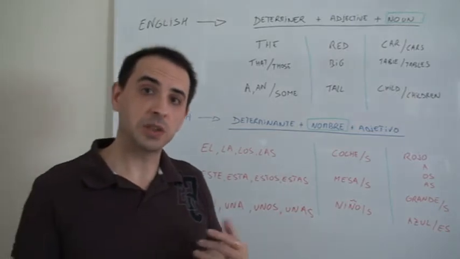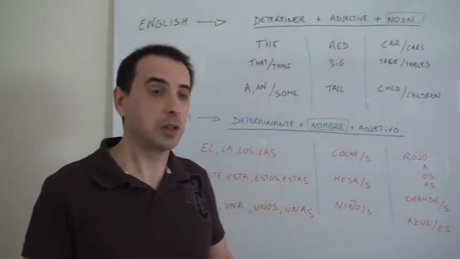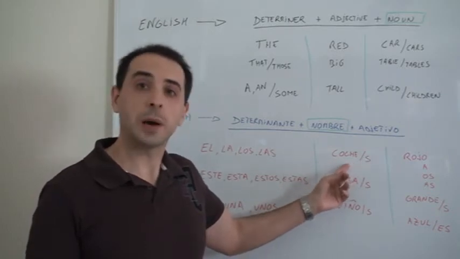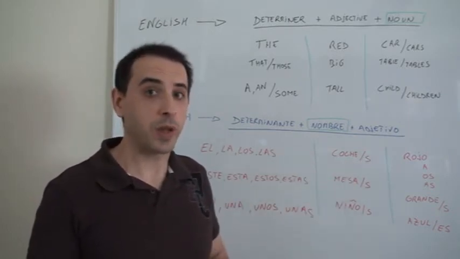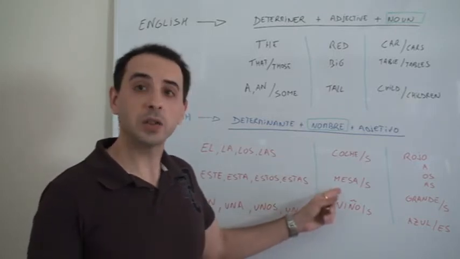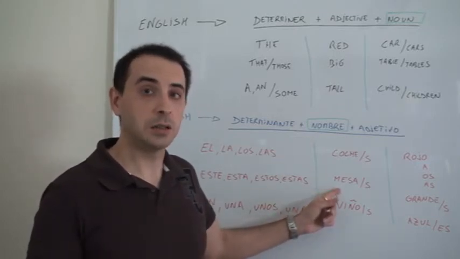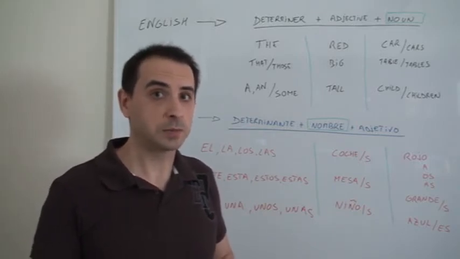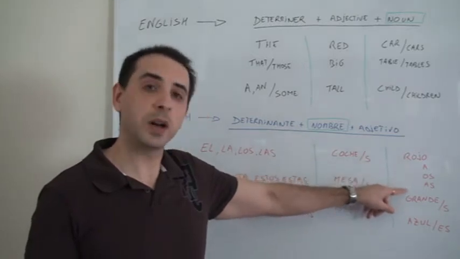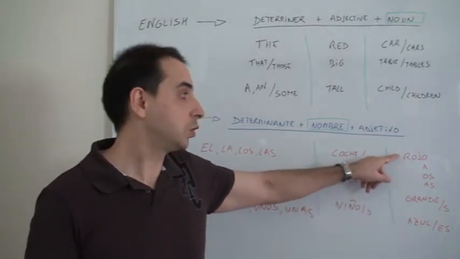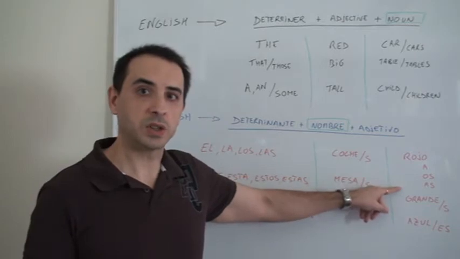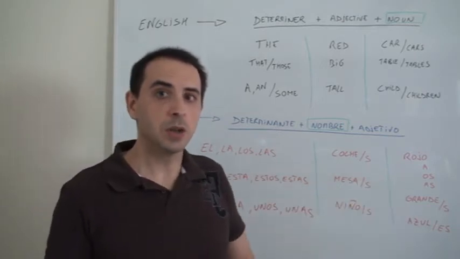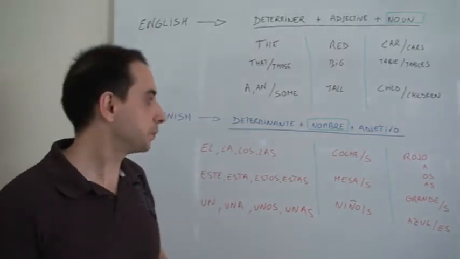Because sometimes we are talking about coche, masculine, or coches, more than one, or mesa, feminine, or mesas, more than one. So, depending on which one of them, we should use the corresponding adjective. Okay? So, let's see some examples.